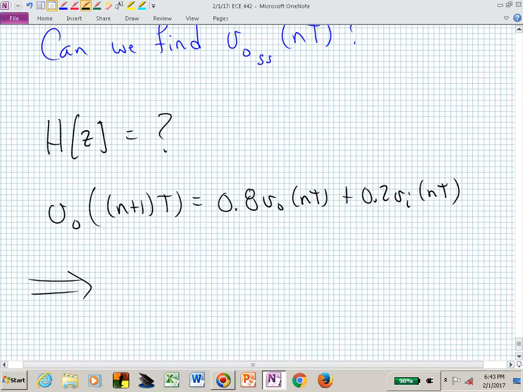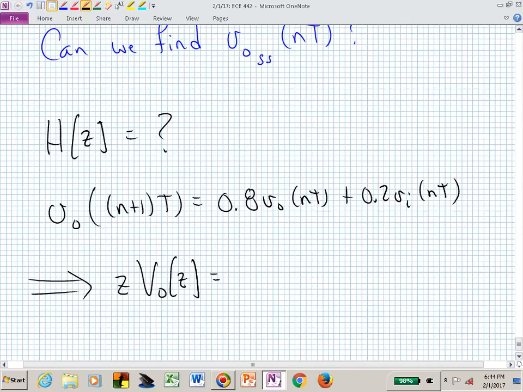What do I obtain on the left-hand side if I z-transform this waveform that's advanced by one sample period? What corresponds to an advance of one sample period in the frequency domain? A z, right? An advance is z, a delay is z to the minus 1. Here we have an advance, that's the n plus 1. Meaning, in the left-hand side, the z-transform of that is now little z times capital z-transform of little v naught.